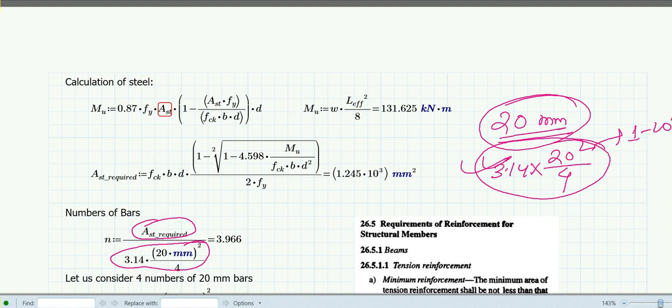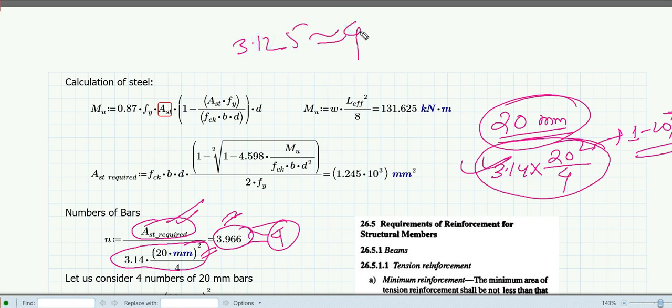If I divide the total area required by the area of one 20 bar, it comes to be 3.966, which is equal to 4. Always remember, whatever value you get, suppose you are getting 3.125, in that case also you take 4. Always take the larger value, because it should be an integer.